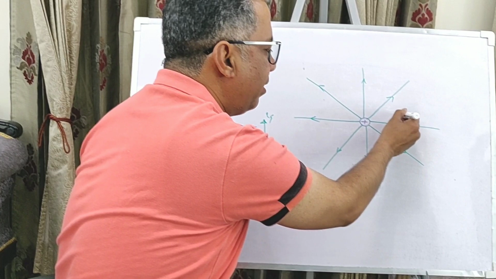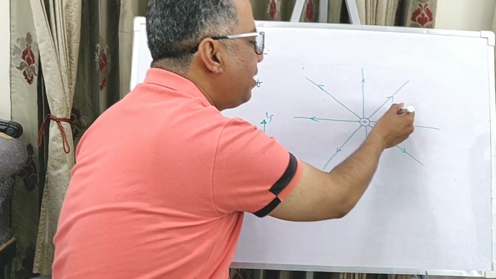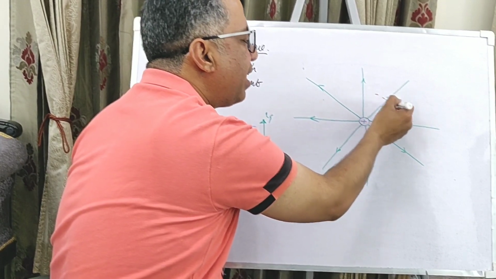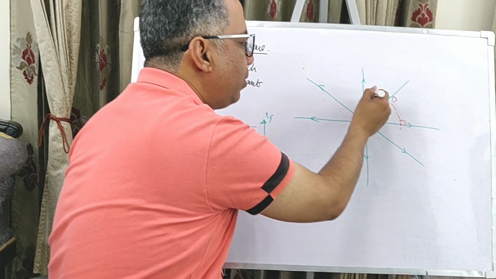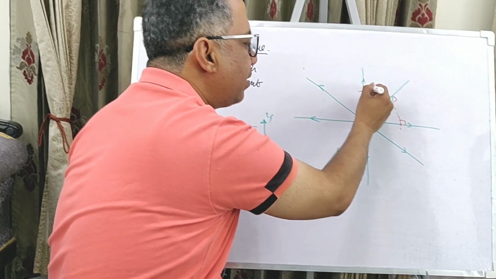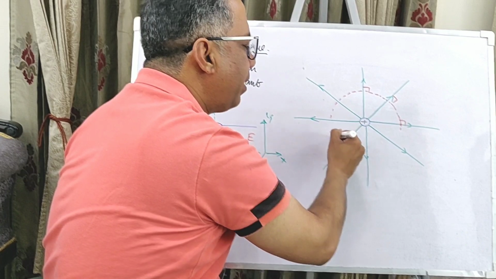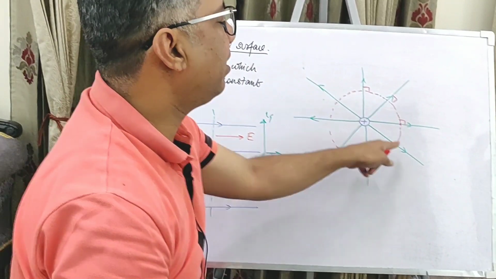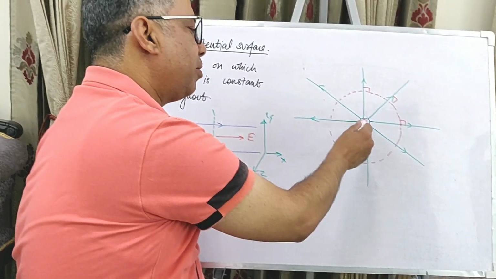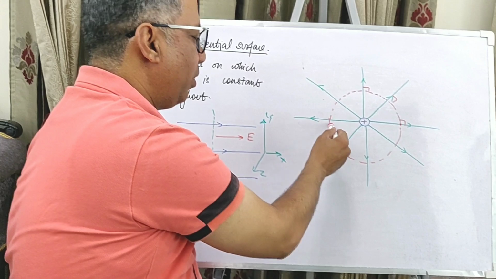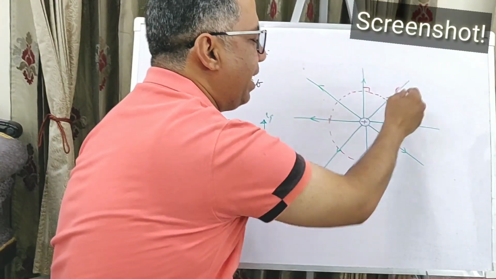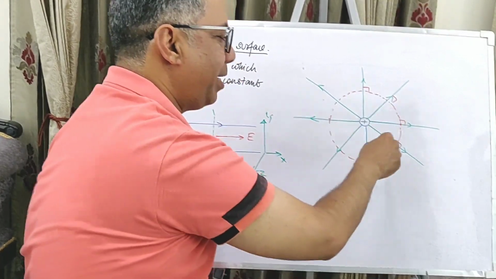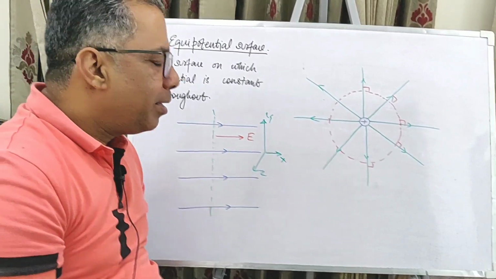So the surface will curve like this, and as it curves, it needs to stay such that the other lines are also perpendicular to it. So you keep drawing a surface to which all these lines remain perpendicular, and you get an equipotential surface, which in this case will be a spherical surface for which the charged particle is at the center. So if you have a sphere, then all these radial lines will be perpendicular to it, and therefore this is an appropriate equipotential surface.